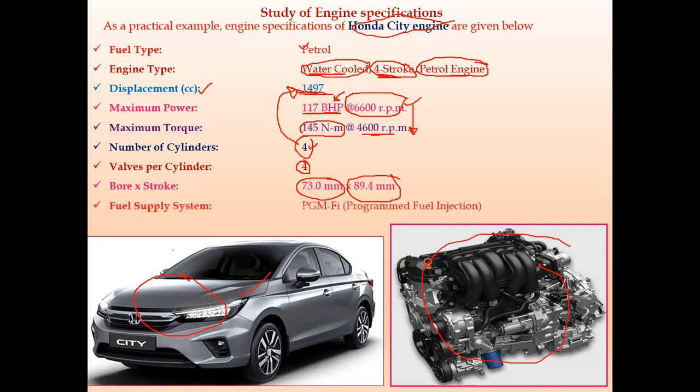And the second last parameter is the fuel supply system. In this engine, a programmed fuel injection system is used, that is PGM-FI. And last is the compression ratio. For this Honda City engine, we have a compression ratio of 10.3:1.